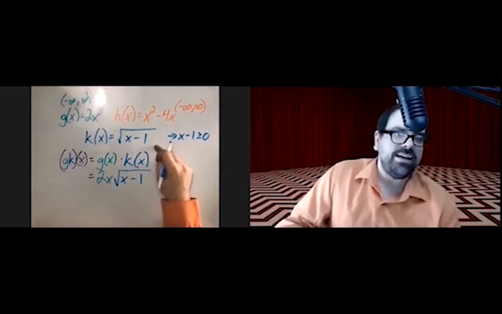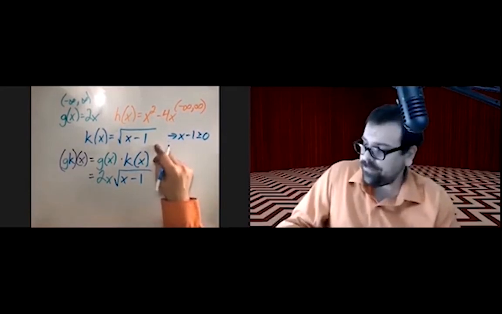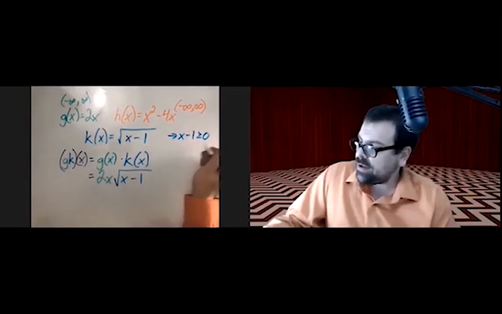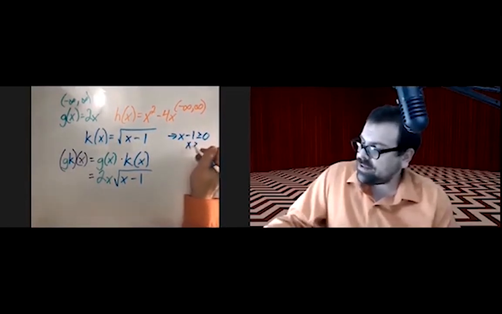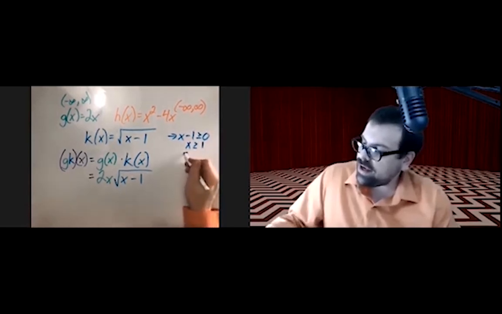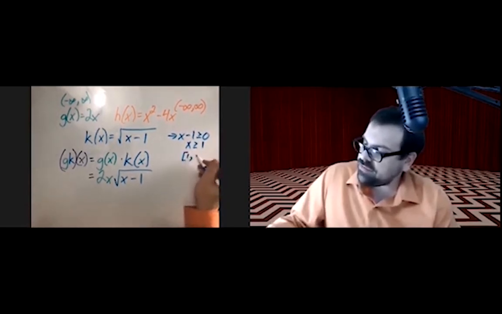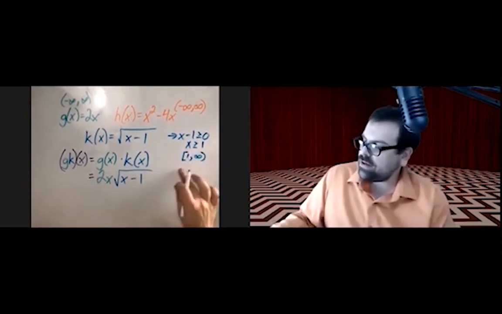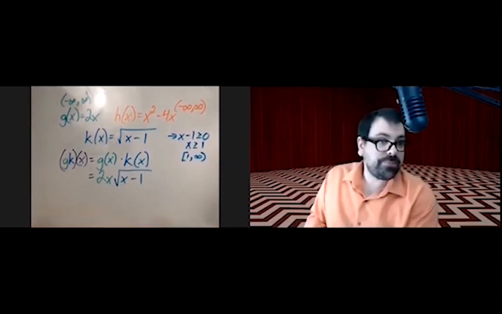Remember, we can't have negatives under the square root, not and still be in the real numbers. If I add 1 to both sides, x is greater than or equal to positive 1, and in interval notation, that would be square bracket at 1 to infinity.